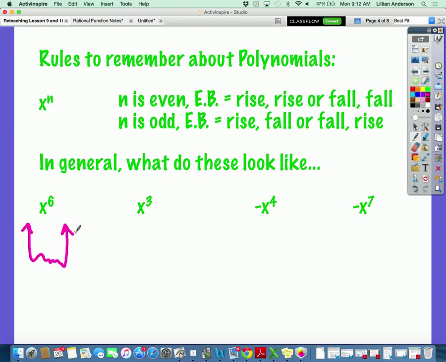What does this look like? Very good. I have these squiggles here because something else is happening. I don't know if it has extra curves or something like that. I just know that the ends look like this. What about a negative x to the 4? Show me. Good stuff. And here, show me.